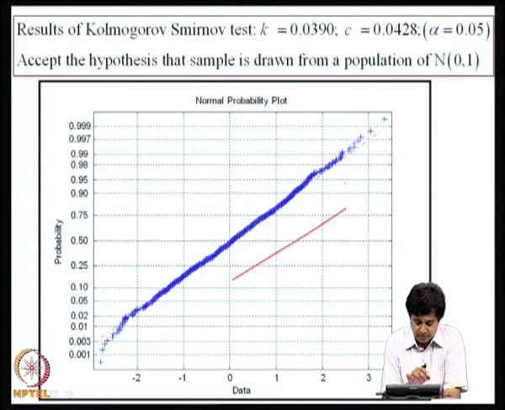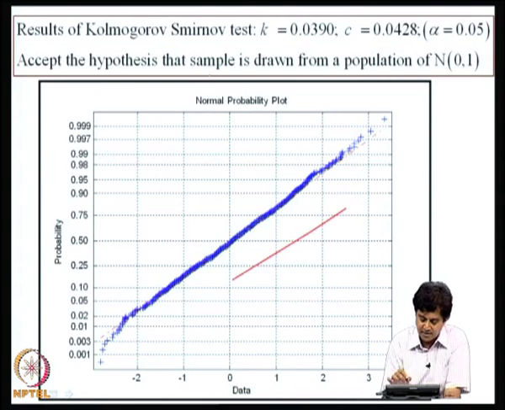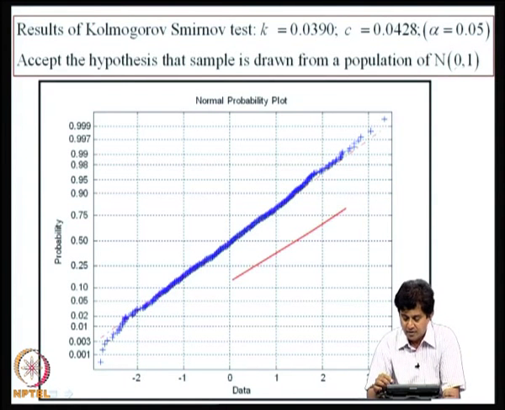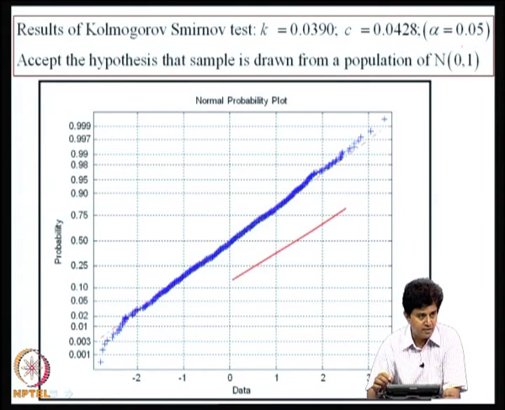And I did perform the Kolmogorov-Smirnov test at 5% significance level, and I reached the conclusion that we can accept the hypothesis that the sample is drawn from a population of normal random variables with 0 mean and unit standard deviation at 5% significance level. So, it passes the test.